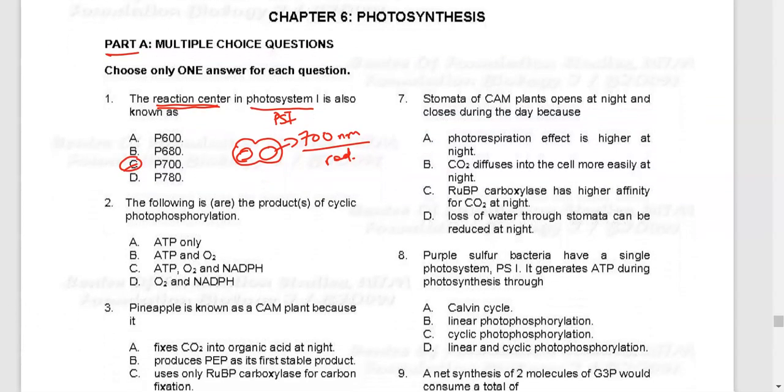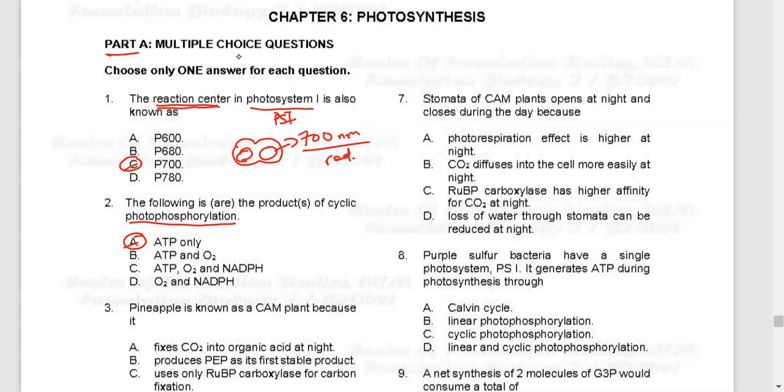Question number 2. The following is or are the products of cyclic photophosphorylation. Cyclic photophosphorylation will only produce ATP through the flow of electrons and also chemiosmosis.